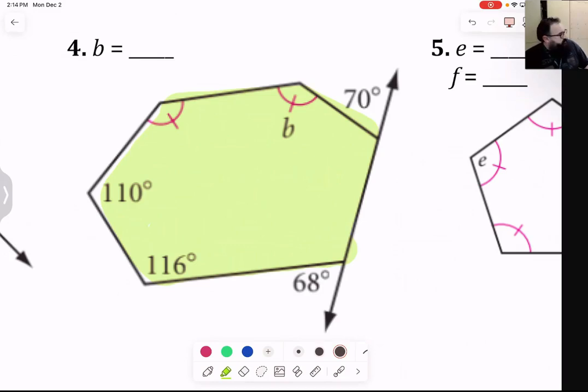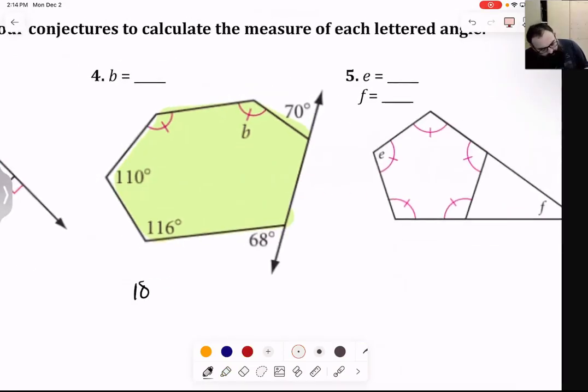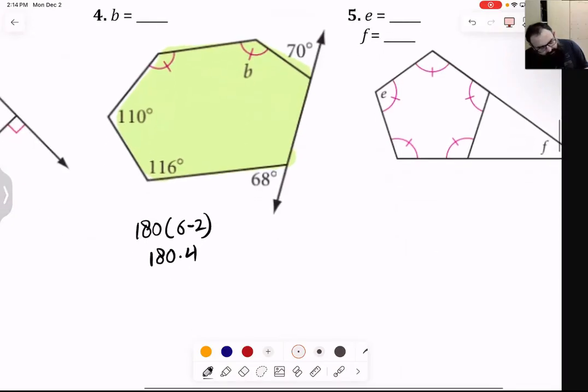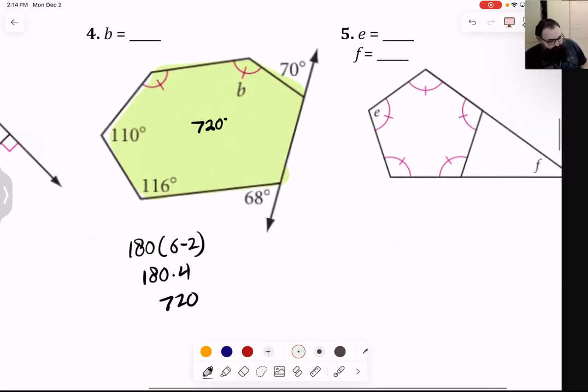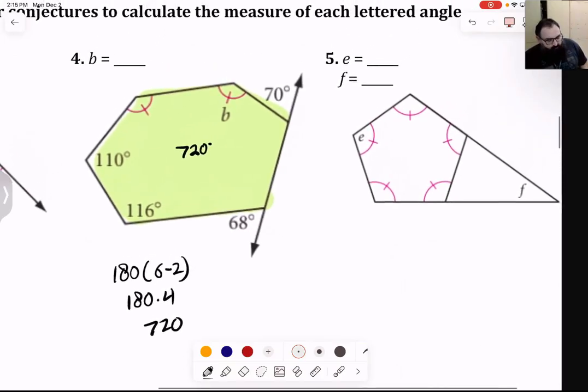How many sides? 6 sides. So that means we got 180 times (6 minus 2), which is 180 times 4, which is 720. Okay, so it's 720.